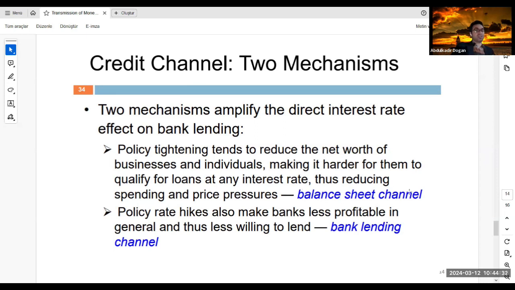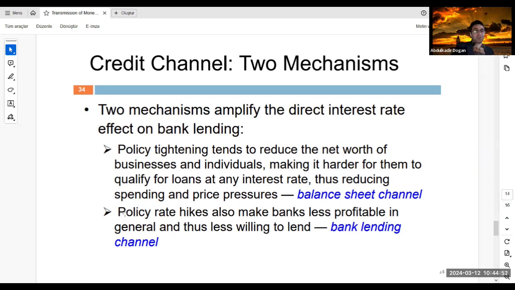Balance sheet channel means that if I am making policy tightening in the market and the interest rate is going up, then in the near future prices will go down because of the monetary policy balance sheet channel. It is coming from the credit channel.